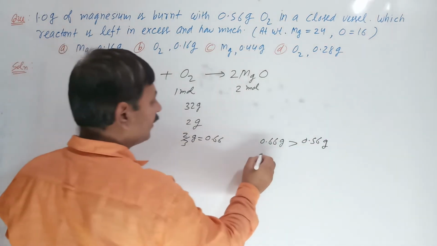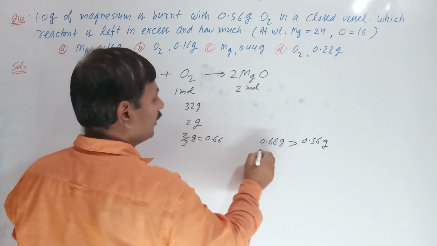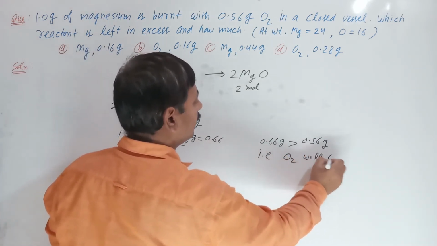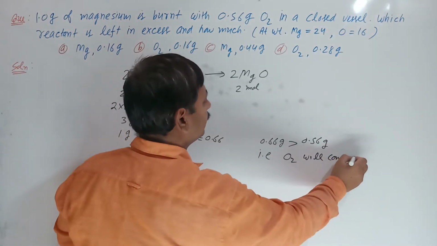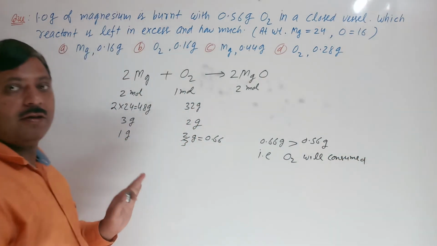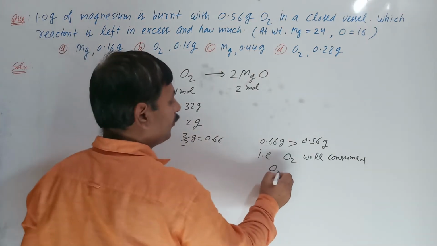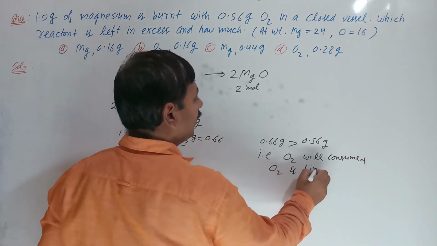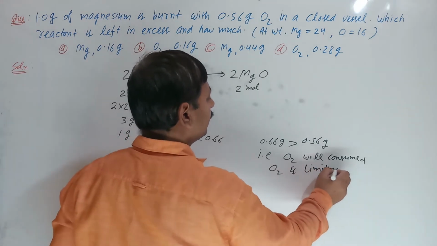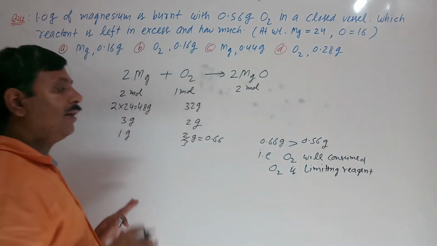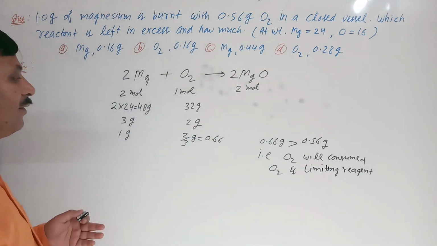That means oxygen will be fully consumed. Oxygen O2 is the limiting reagent. So here oxygen is the limiting reagent. So which will be the excess reagent?